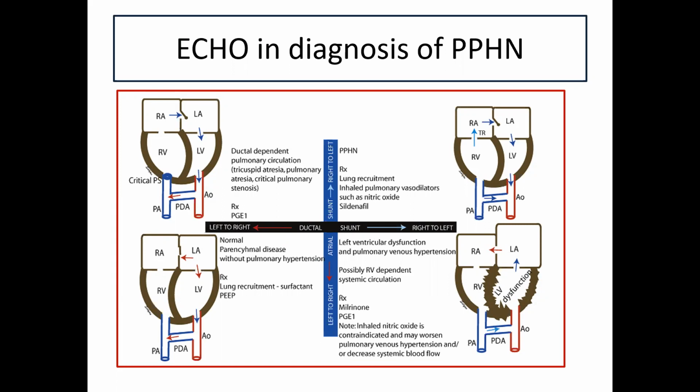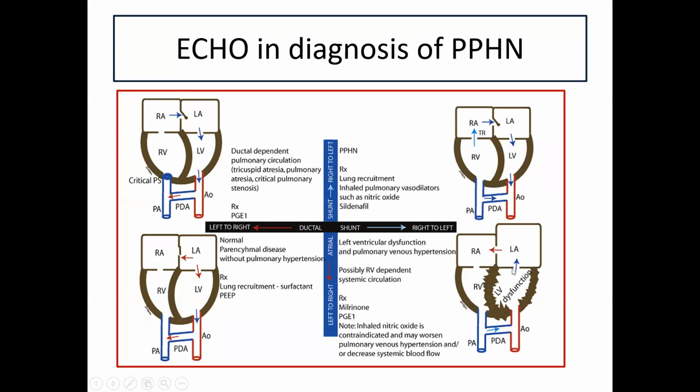So here one would treat hypoxia like any other parenchymal disease. Look at the X-ray and try to address the etiology for hypoxia specifically, such as using surfactant in RDS, recruiting the lung if you're dealing with meconium aspiration syndrome, using antibiotics if you're suspecting congenital pneumonia, or management of pulmonary hypoplasia in CDH, etc.